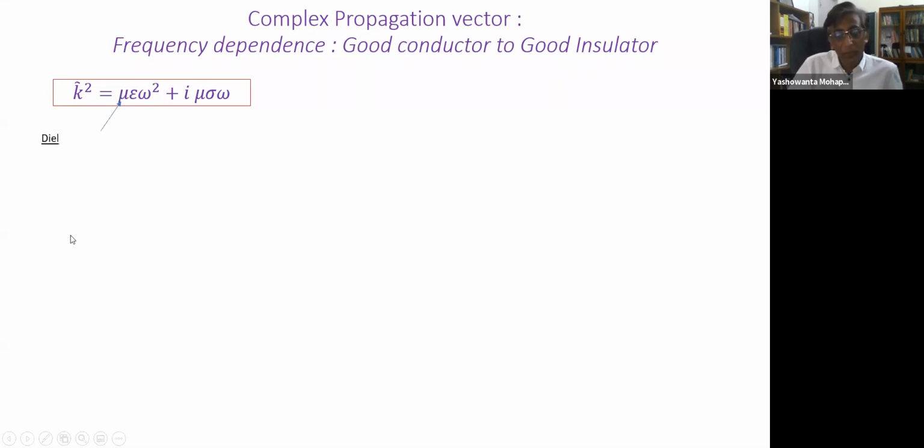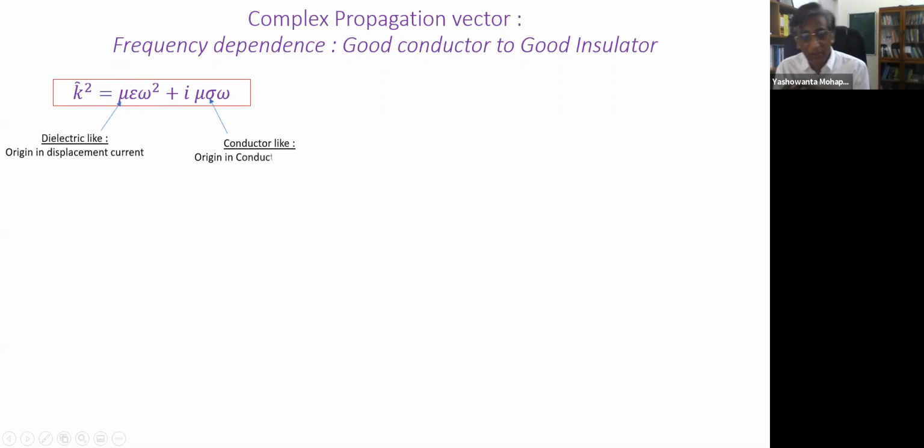Now you can see mu and epsilon, like the velocity, 1 over v squared. This is the origin of displacement current, so this part comes from the dielectric-like behavior, whereas this part depends on sigma, so it is more conductor-like, and is the origin of conduction current.